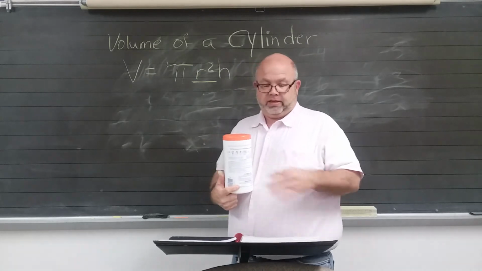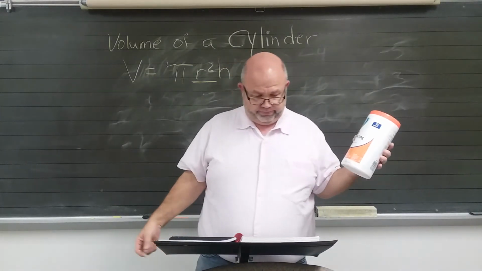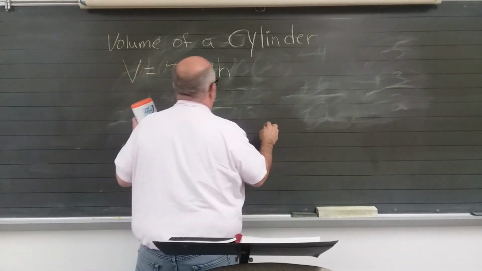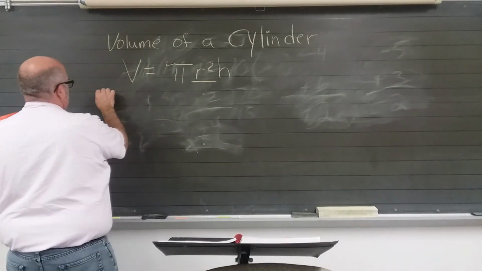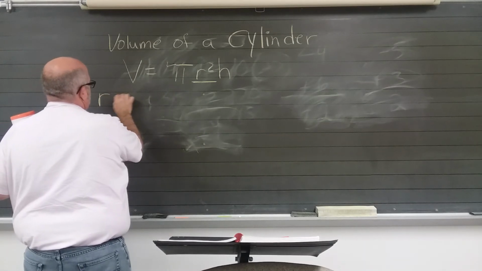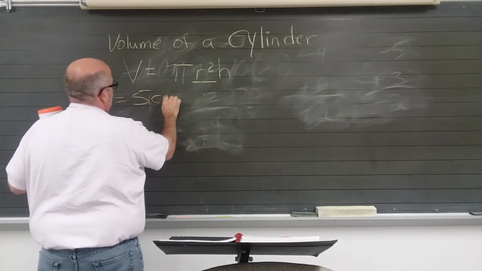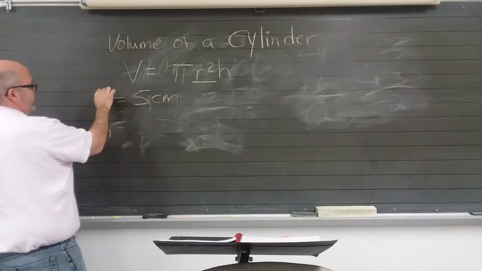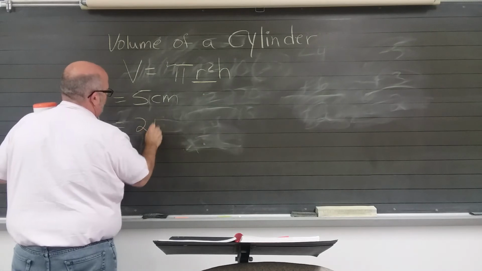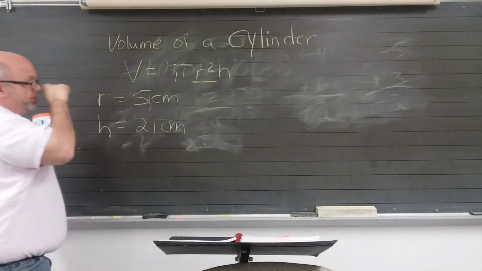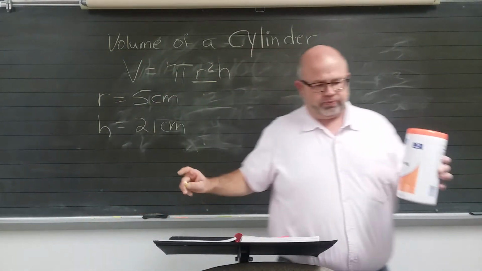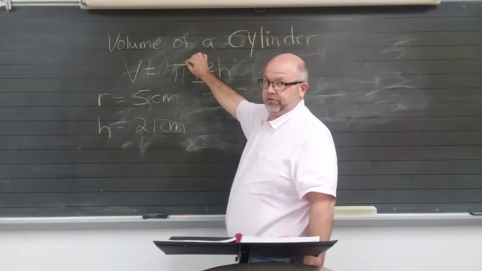Okay? This cylinder has a radius of 5 centimeters, and a height, h, of 21 centimeters. Remember these letters stand for something. All right, following the formula, let's figure this out. What is the number that represents pi?